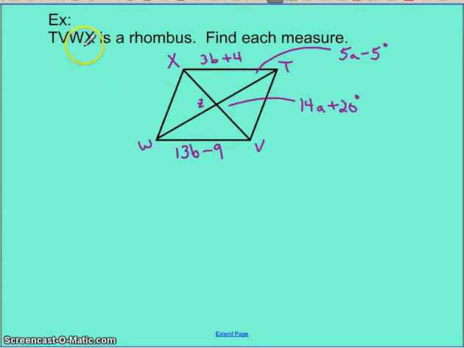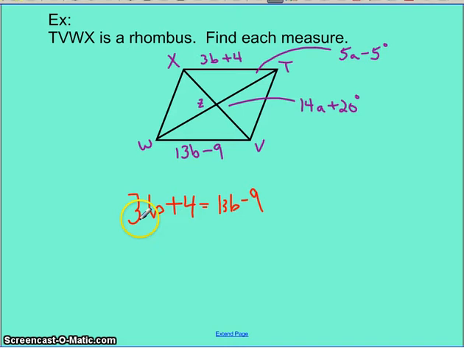Alright, it says TVWX is a rhombus. Find each measure. Well, we know that opposite sides are congruent, so it looks like we could find B very quickly. So let's say 3B plus 4 equals 13B minus 9.